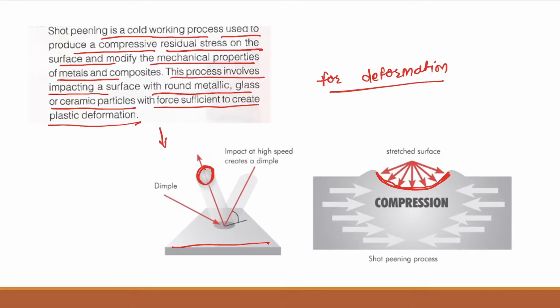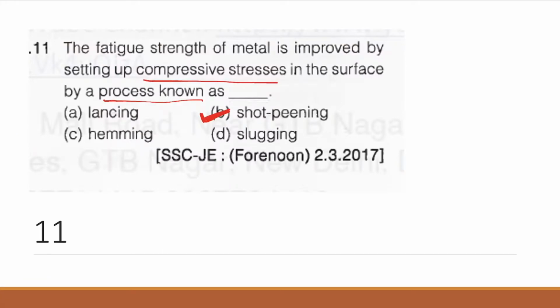So this shot peening process is used for plastic deformation using compressive residual stress. That is very important. That's why the fatigue strength of metal is improved by setting up compressive stresses in the surface, process known as shot peening. So in shot peening, we improve this fatigue strength. Now the next question.